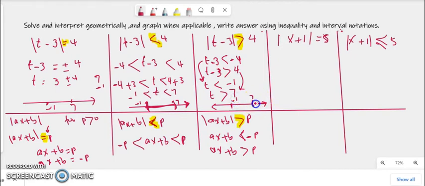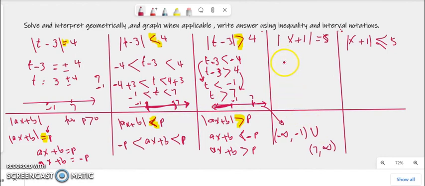So this is gonna be all the values out here. In other words, we can write this as negative infinity to negative 1, both open, not included, union 7 to infinity. And that means the intervals, negative infinity to negative 1, union 7 to infinity. That's gonna be the notation.